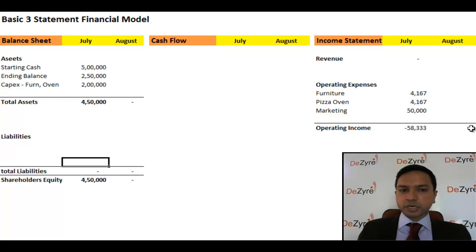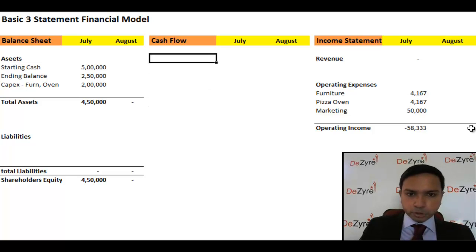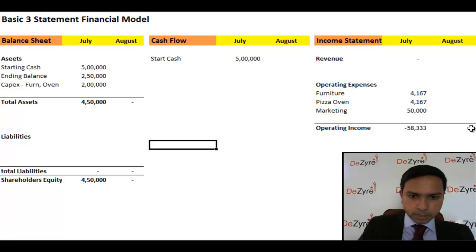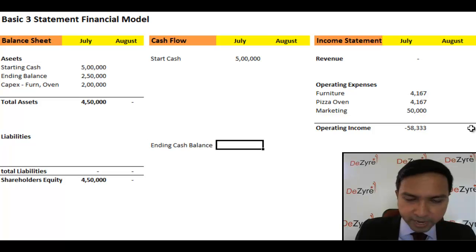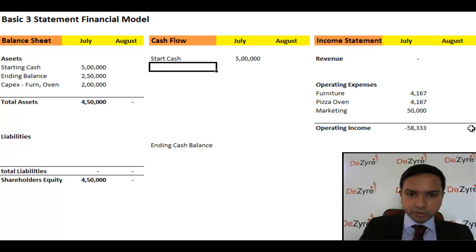Now let's go to the cash flow statement. You remember a cash flow statement is supposed to reconcile how this 5 lakhs became 2.5 lakhs. So what is the first thing that we add to a cash flow statement?